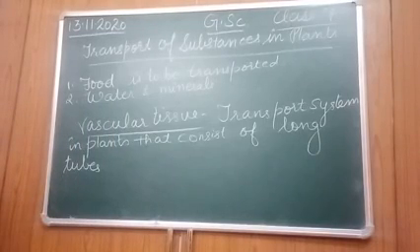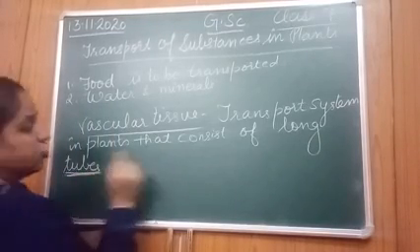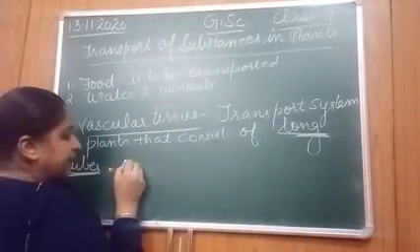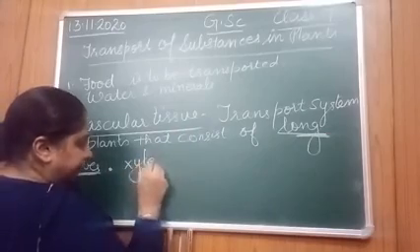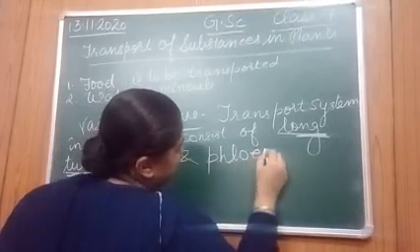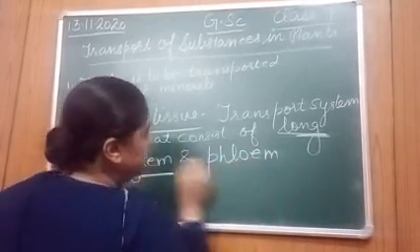These long tubes are called xylem and phloem.